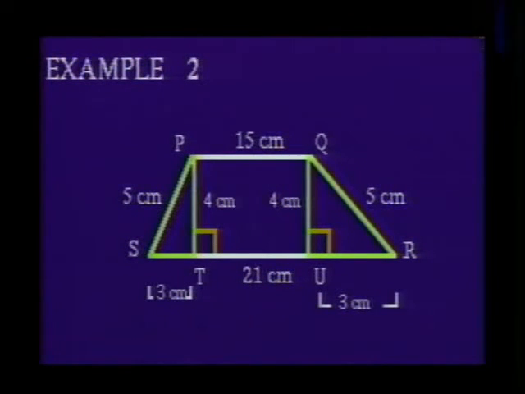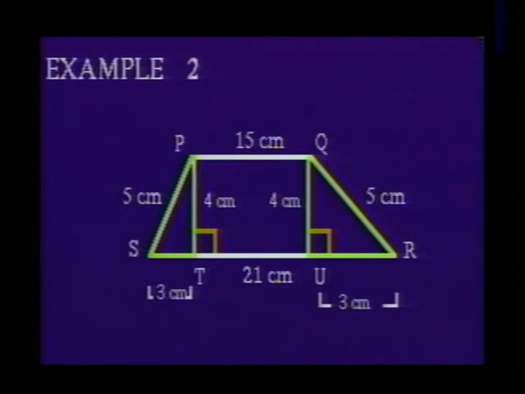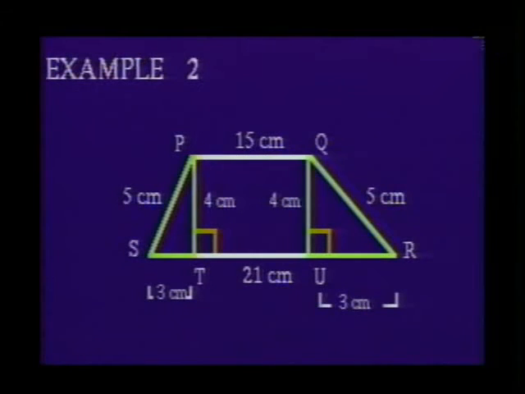Thus, line segment TU is 15 centimeters long, and line segments ST and RU are each 3 centimeters in length. Notice that the triangles PTS and QUR are both 3, 4, 5 right triangles. Thus, the height of the trapezoid PQRS is 4 centimeters.